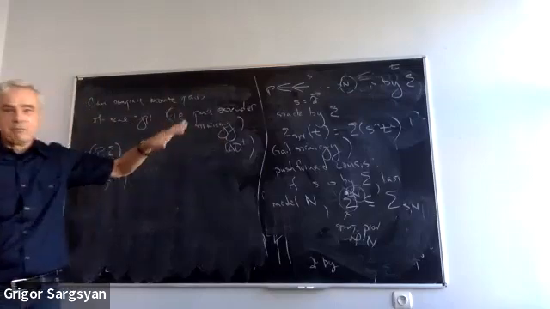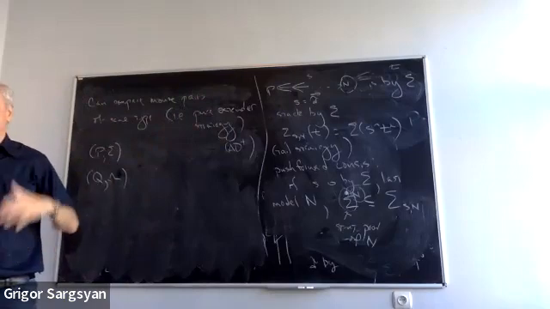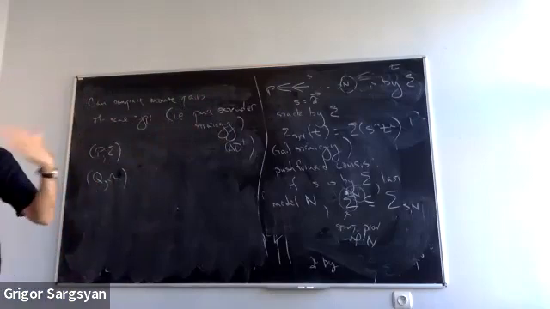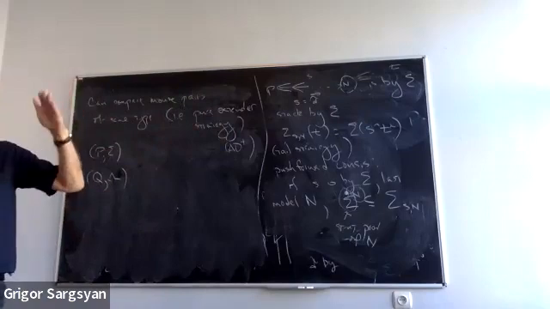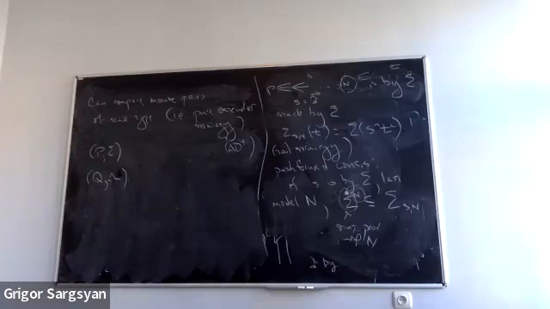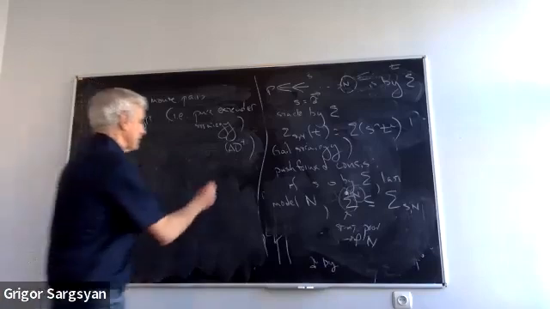Being in a model of AD plus, a set of reals in the model of AD plus is really good. It's nice enough. In particular, omega one is measurable, so iteration trees of length omega one always have a branch.